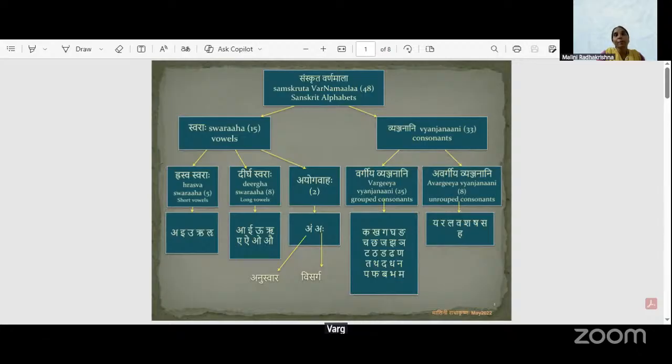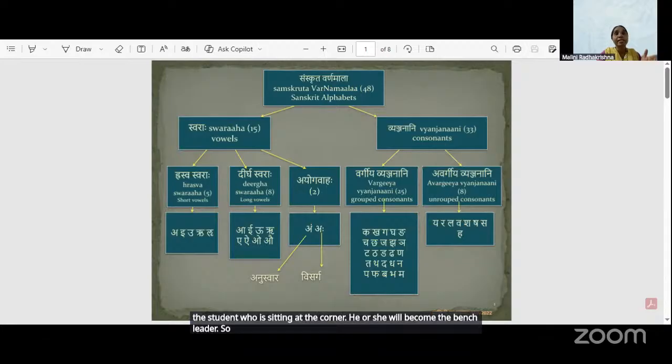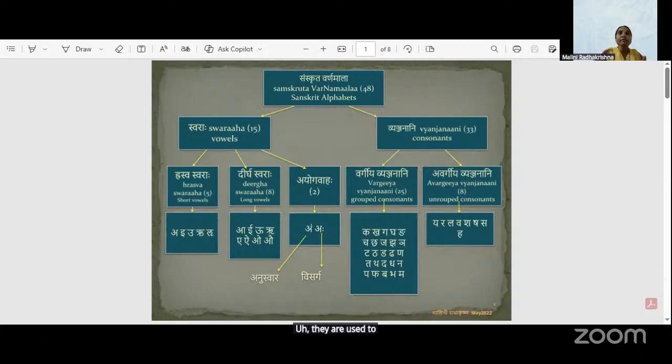Varga means group, vargiya means grouped. Five letters are grouped into one group. That's why they are identified with the first letter of that group, like the bench leader. If there are 5 students in a bench, the student sitting at the corner will become the bench leader. So the first letters of each varga are used to identify that group.